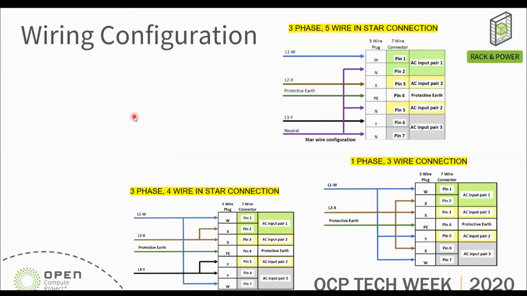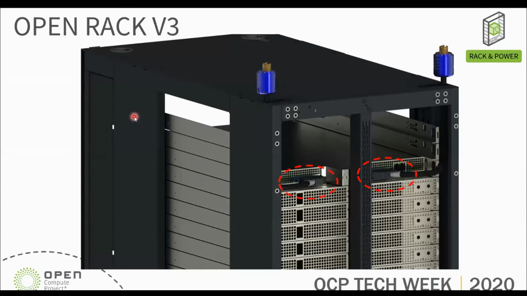Actually, I took this from our spec to have some of the three phase, five wire connection, or a three wire connection, single phase, so some of the configurations we have included in the spec. So let's take a look at the rack where this connector is.